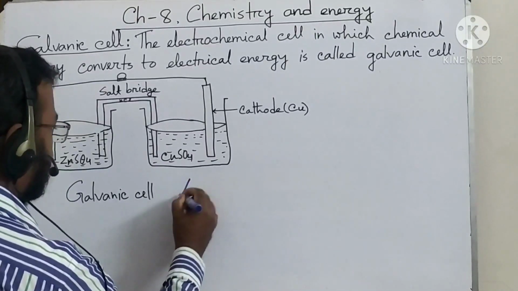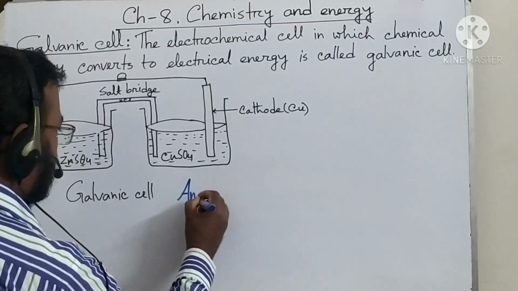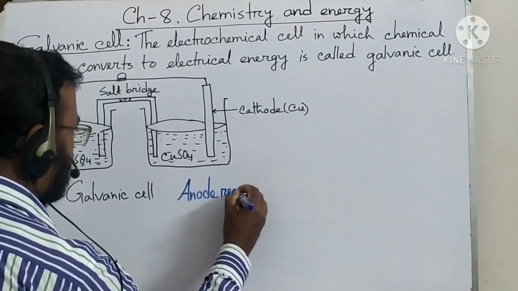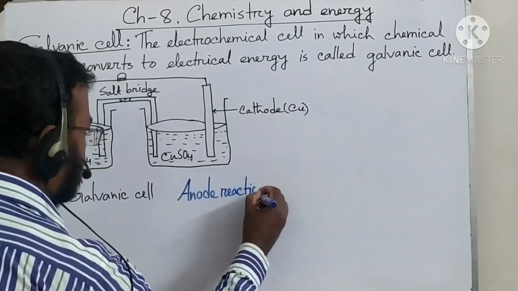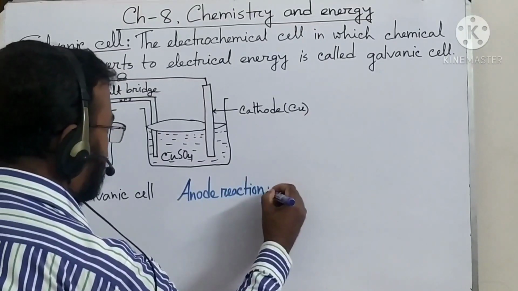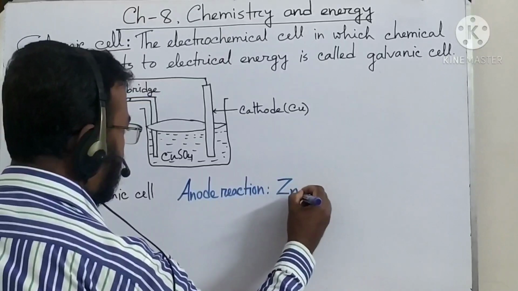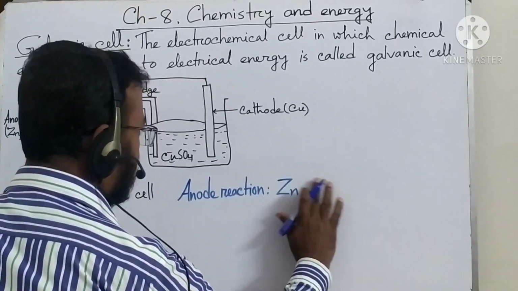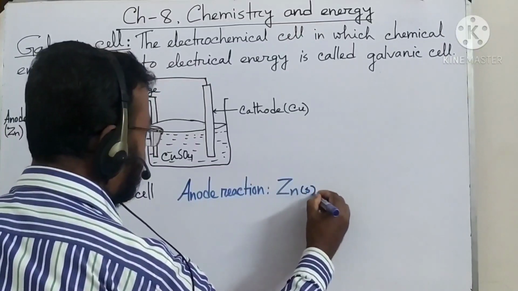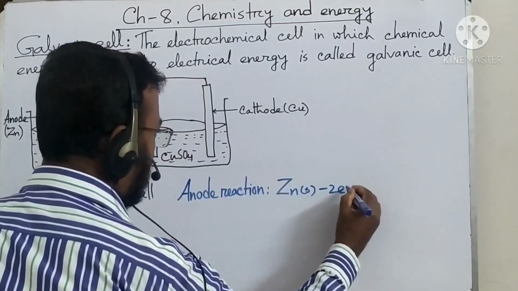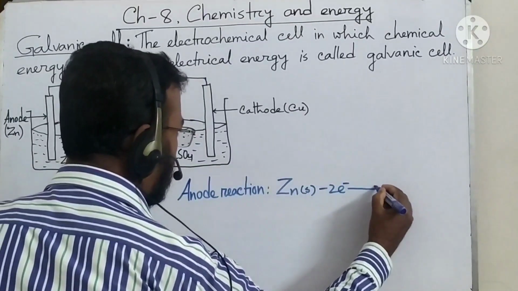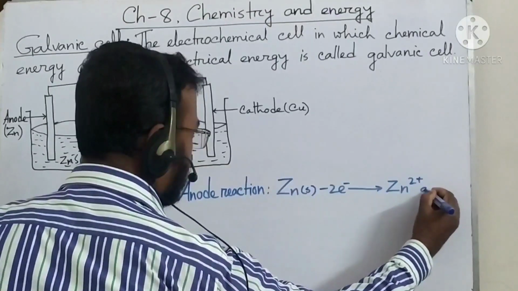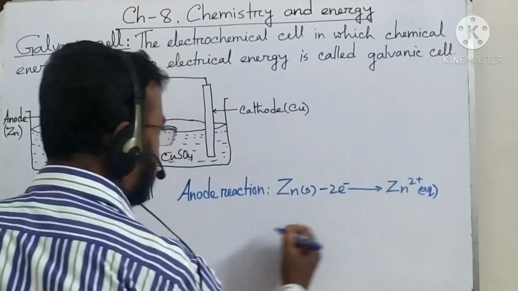Anode reaction. Zinc, it is solid, donates 2 electrons to form zinc 2 plus ion, it is aqueous.